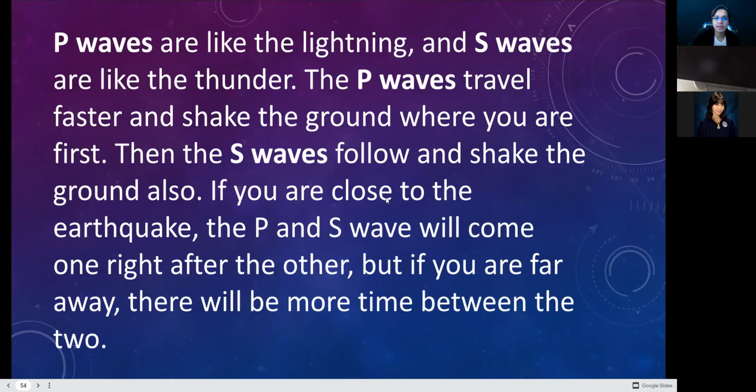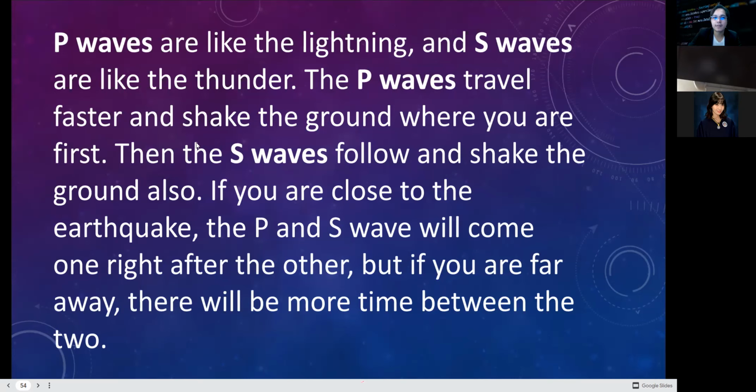P waves are like lightning and S waves are like thunder. So the P wave is faster than the S wave, and you can feel the P wave first, followed by the S wave.